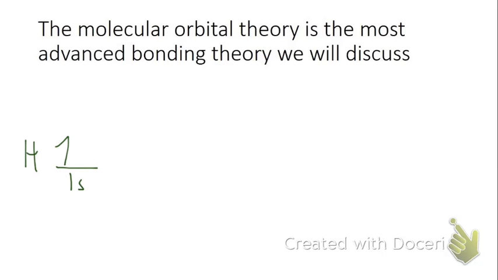1s. So what you do for the molecular orbitals is you draw the electron configuration, or the orbital diagram, for your element on each side. Then you make the molecule in the middle.